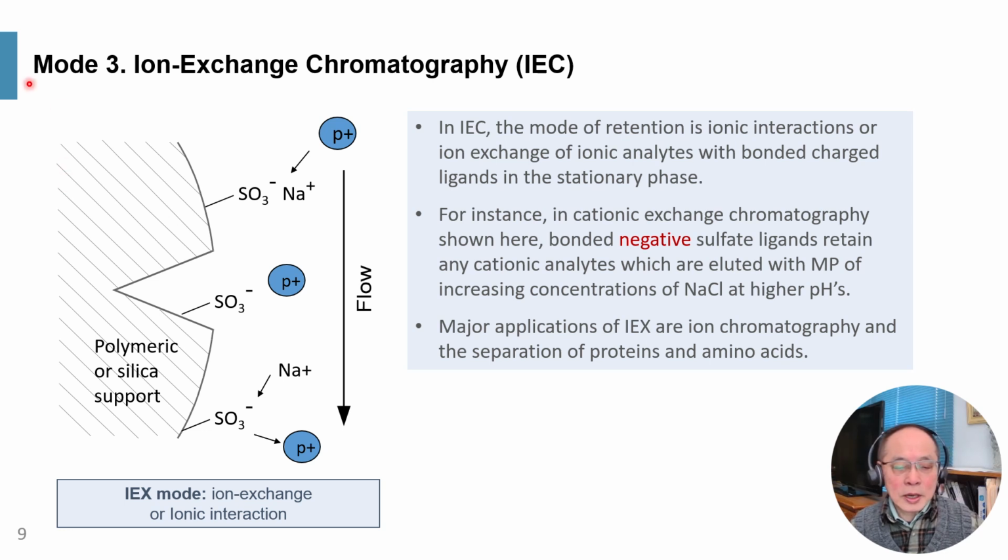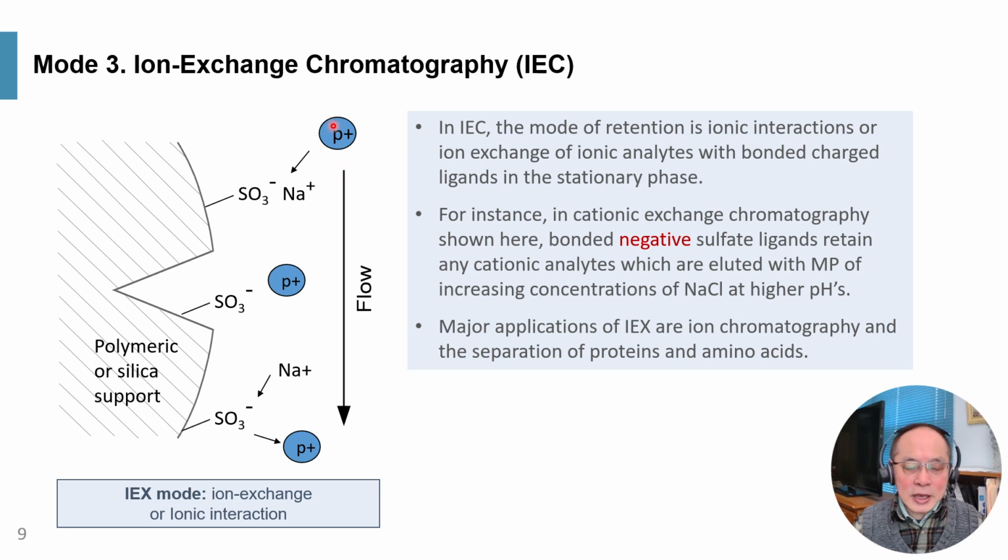Here we show mode number 3, ion exchange chromatography. On the right-hand side, we show a particle of ion exchanger based on either polymeric or silica support. In this case, it is a cationic exchanger where we bond a negatively charged ligand, in this case sulfate, to the surface of the polymer.